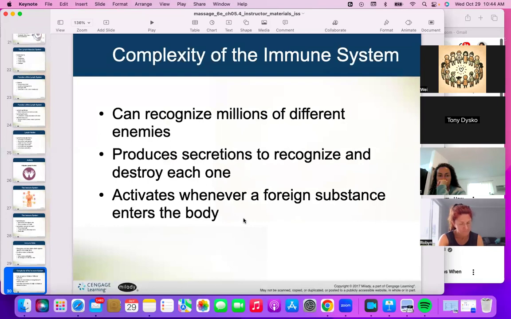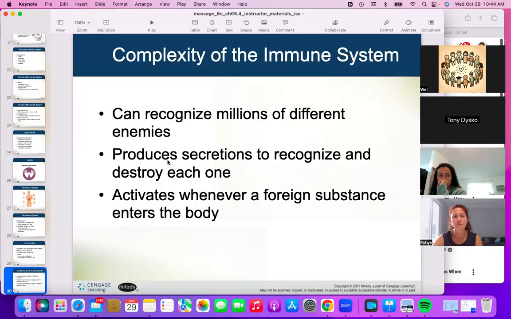Now, the complexity of the immune system. The immune system has the ability to recognize a million different enemies, and it recognizes either the body's own cells or not the body's. The marvelous thing is that it can distinguish between what belongs to it and what doesn't.